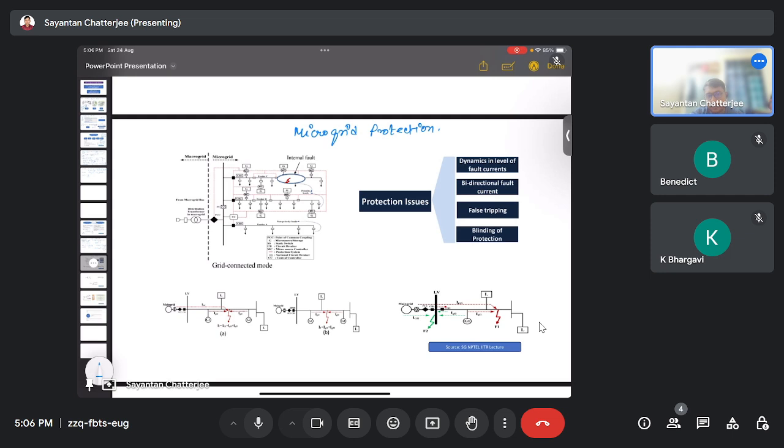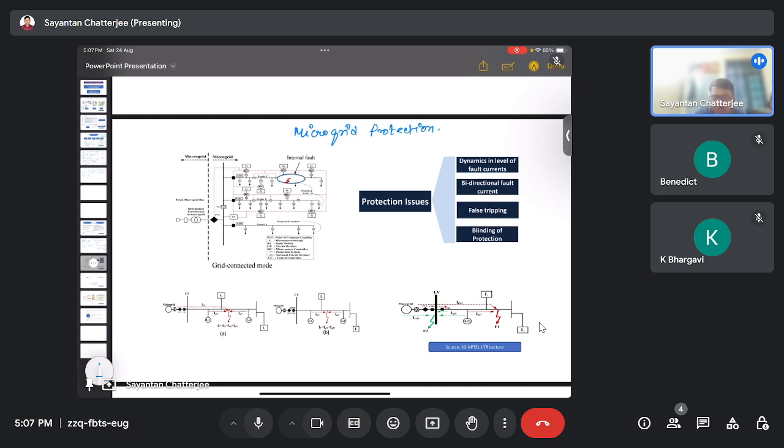We have DGs placed on the rooftops and everywhere; on the distribution side we have a large number of DGs. Power flow, which was previously unidirectional, has now become bidirectional.